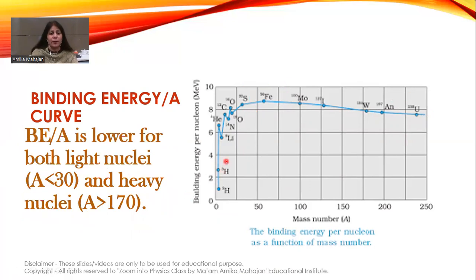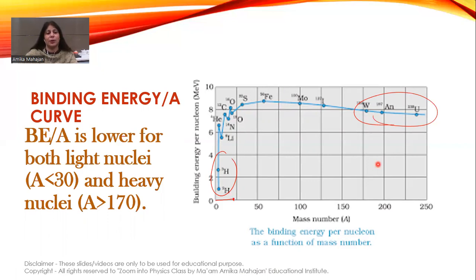Now, just observe here for nuclei having mass number less than 30. What you find? These nuclei, they have less binding energy. So these are unstable. Similarly, with mass number greater than 170, the binding energy is less. So these are also unstable. To obtain stability, these nuclei will make some other nuclei which are comparatively stable.